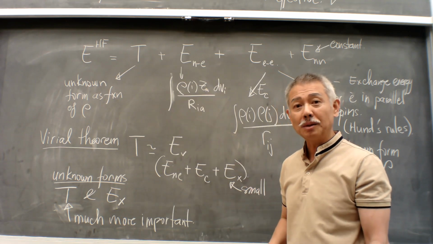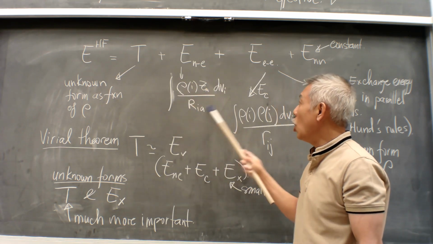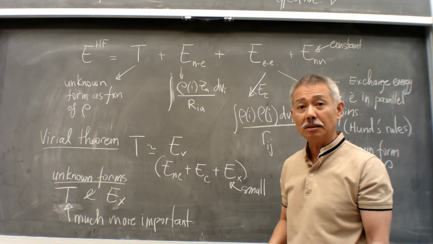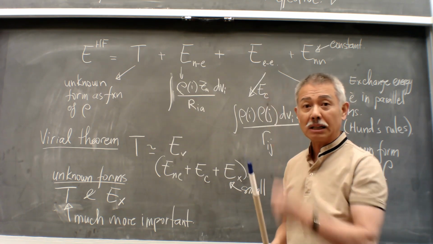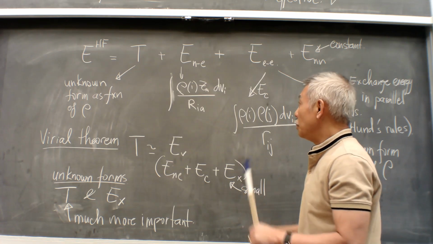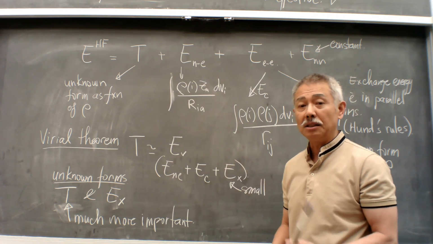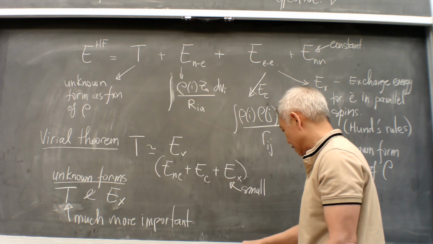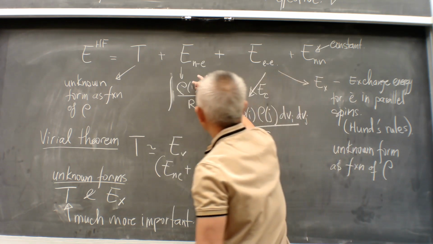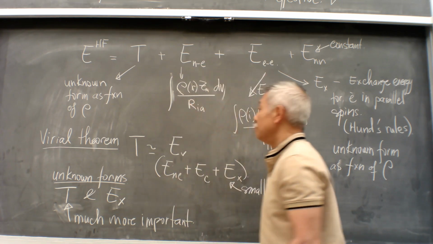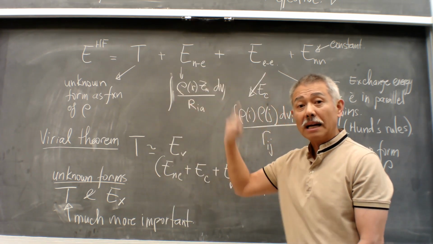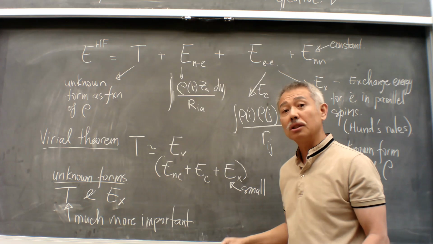If we integrate over all space, then we have the term for the electron-nucleus attraction. Or we can just say that the density is a function of r, and that would account for all electrons as a function of density.